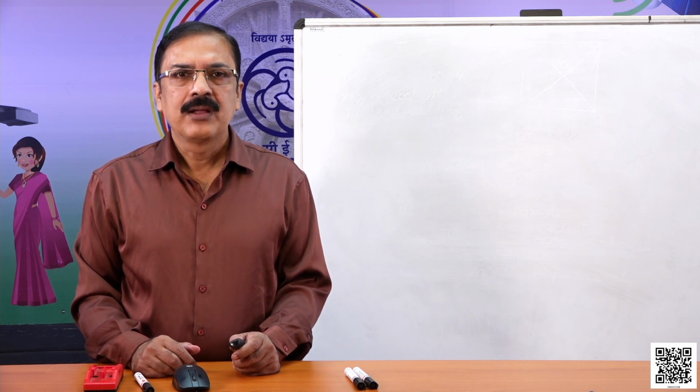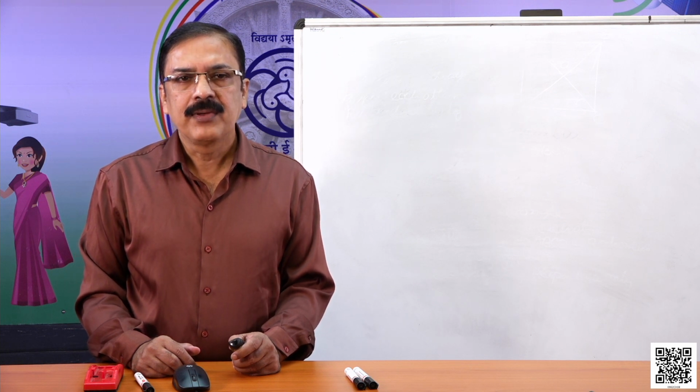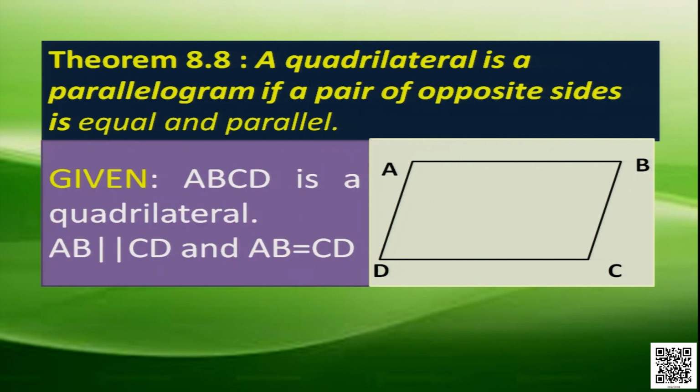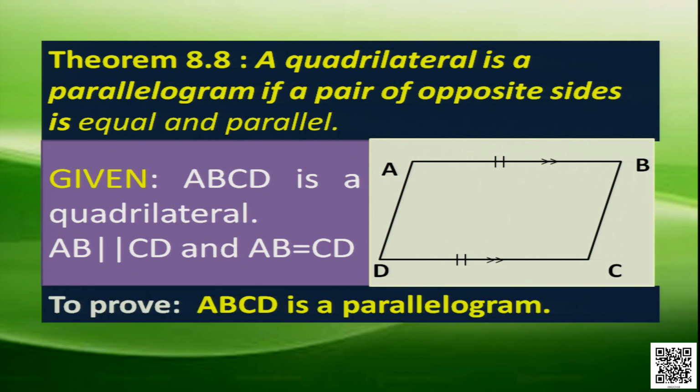So we have a figure. ABCD is a quadrilateral in which AB is parallel to CD and AB is equal to CD. We have to prove that ABCD is a parallelogram.